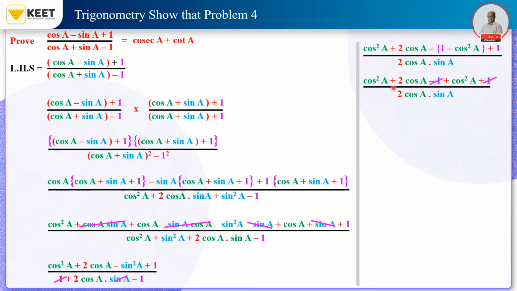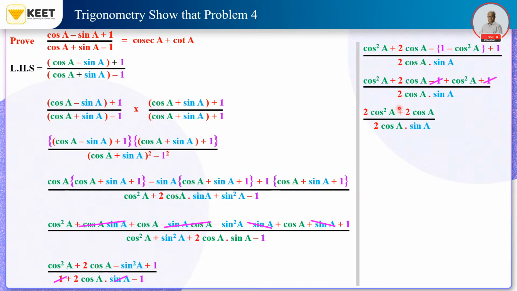Fine. Now here just listen, look carefully. Cos square A and cos square A, they will get added up, and on adding we'll get 2 cos square A. So addition, then this 2 cos A kept as it is, and in the denominator 2 cos A sin A as it is. Fine. Now in the numerator you will have 2.